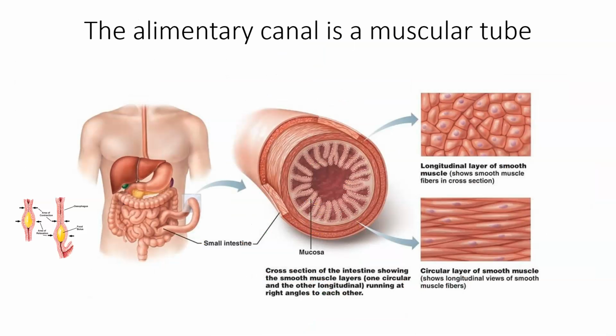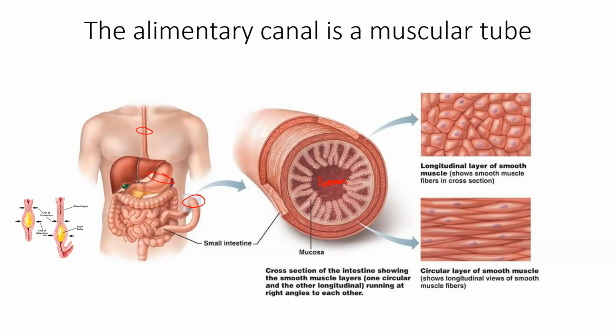So, what is this alimentary canal? The alimentary canal is a muscular tube from start to finish. It doesn't matter if we're looking at a cross-section of the esophagus, the stomach, or, in this case, the small intestine. All three of those locations are going to have the exact same anatomical structures, and it's essentially a lumen area, or an open tube, that is surrounded by two layers of smooth muscle.